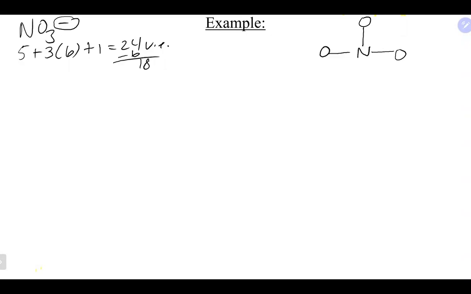Those again will go on the outside as pairs until everybody has 8. So that is 2, 4, 6, and that is filled. That is 8, 10, and 12. So that is filled. That is 14, 16 up on top, and 18 there on the bottom.